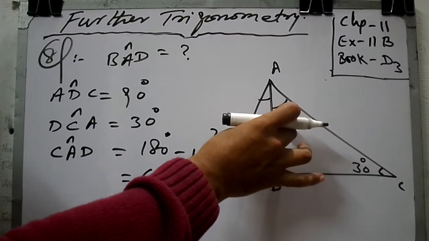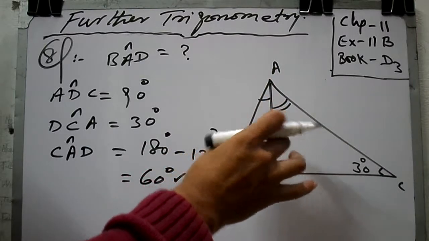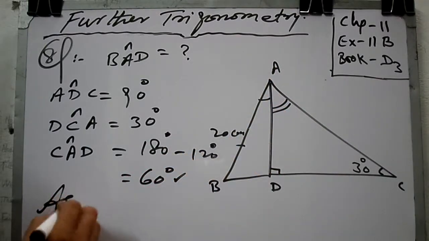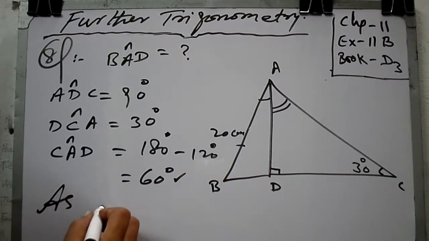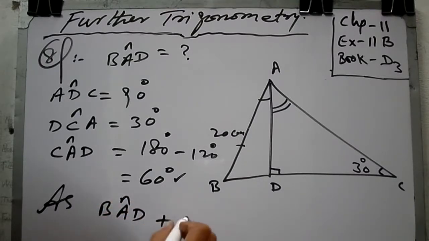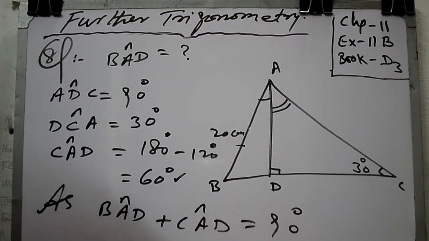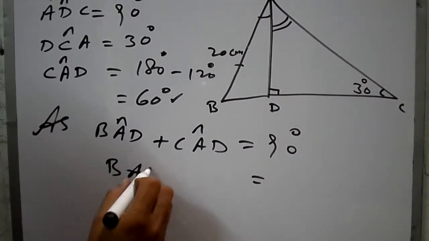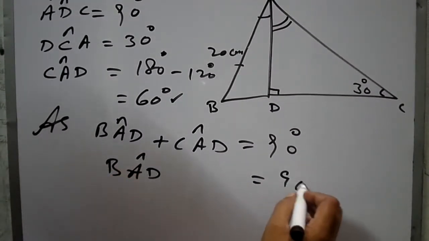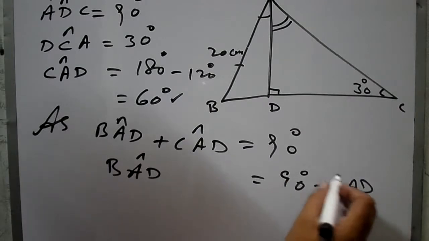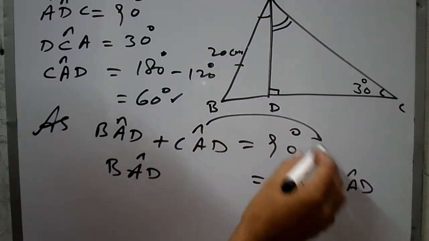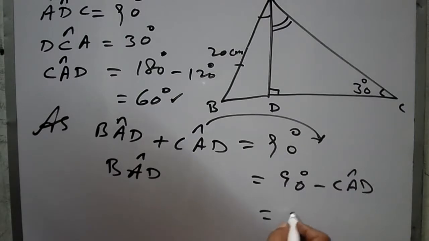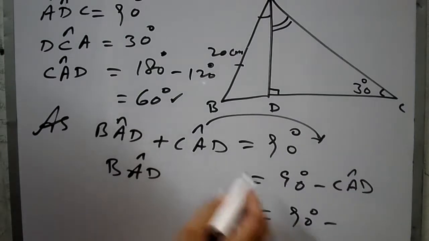So it means angle BAD plus CAD is equal to 90 degree, but you need the angle of BAD, so 90 degree minus CAD, because we have to shift this towards this side, so you will get 90 degree minus CAD.